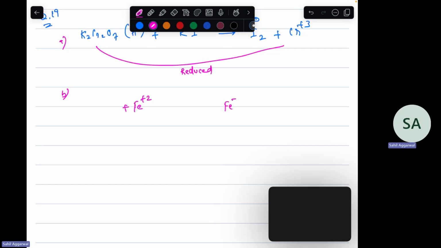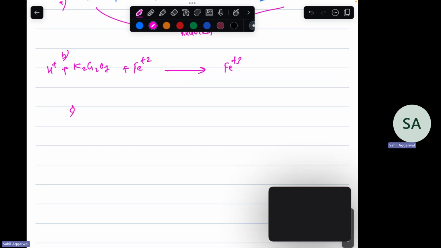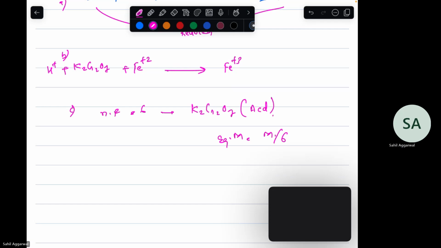Fe2 plus can also be oxidized to Fe3 plus with the help of K2Cr2O7. In acid medium equivalent mass, yes, because the n factor is 6. In acidified conditions the n factor is 6, so equivalent mass would be M by 6.